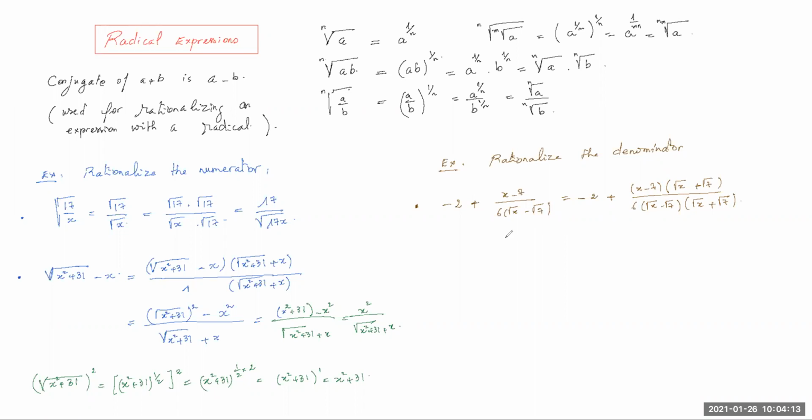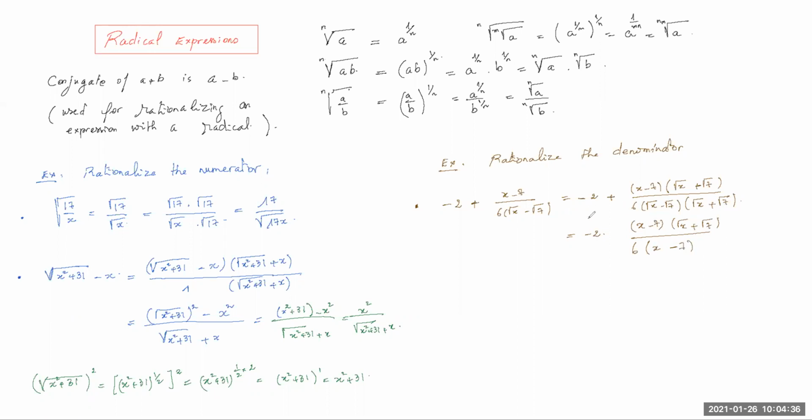Now I use the identity we used before. We keep x minus 7 and change the sign as factors, because our purpose is to rationalize the denominator. So I will get the square root of x squared, which is x, minus the square root of 7 squared, which is 7.